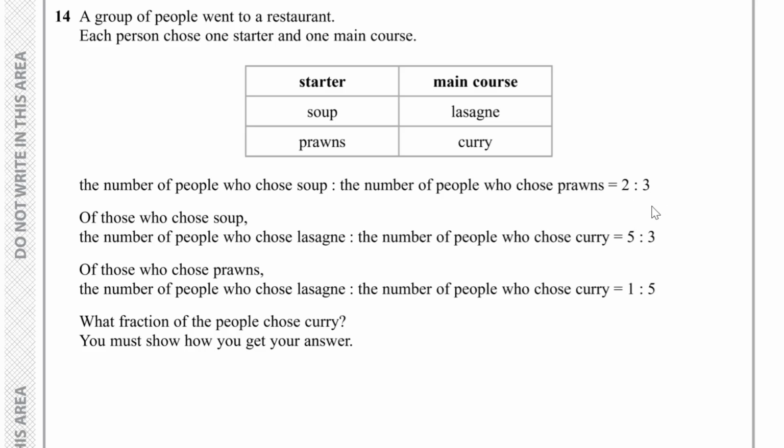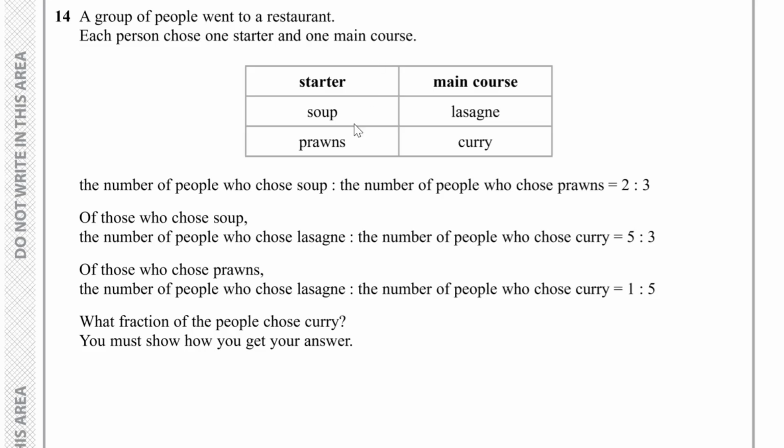Of those who chose soup, the number of people who chose lasagna to the number of people who chose curry is in the ratio 5 to 3. And of those who chose prawns, the number of people who chose lasagna to the number of people who chose curry is equal to 1 to 5. We have to work out what fraction of the people chose curry. You must show how you get your answer.